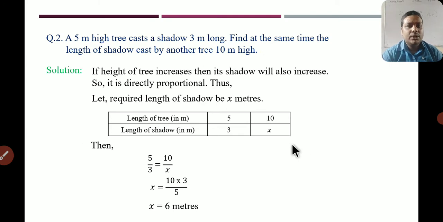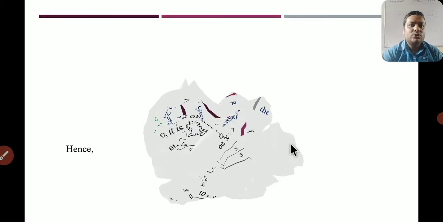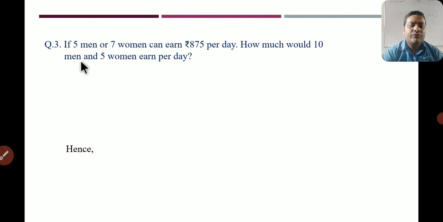Okay. Now students, let's solve another question. If 5 men or 7 women can earn rupees 875 per day, it is clearly mentioned here: 5 men or 7 women, not and. It means only 5 men can earn rupees 875 per day, or only 7 women can earn rupees 875 per day.